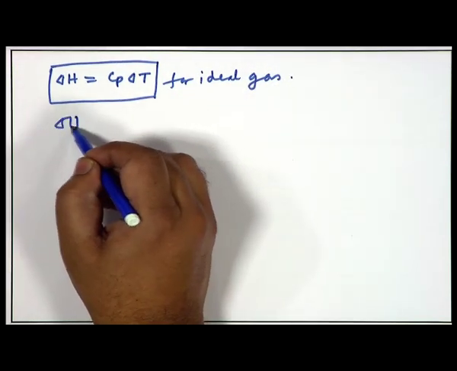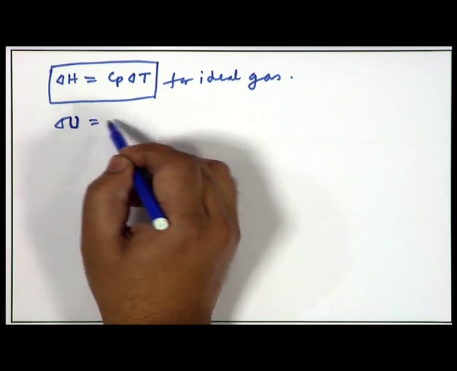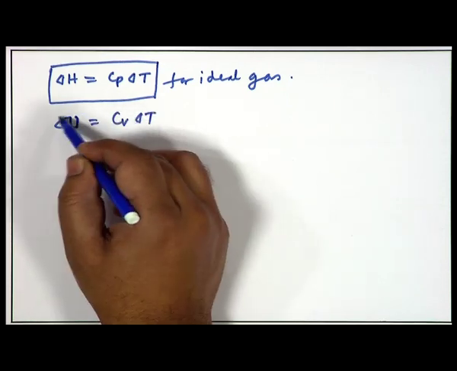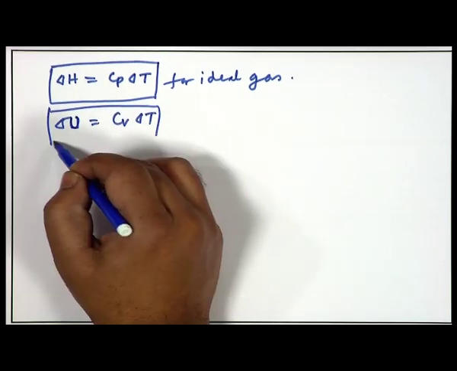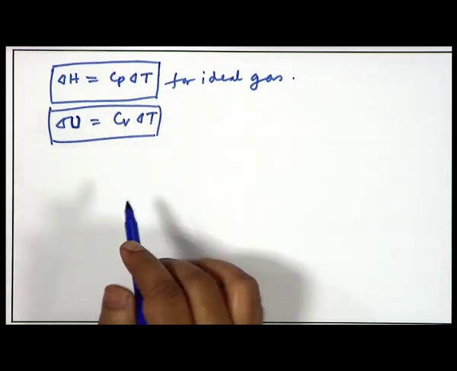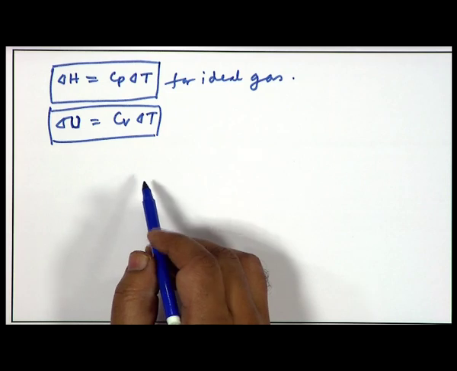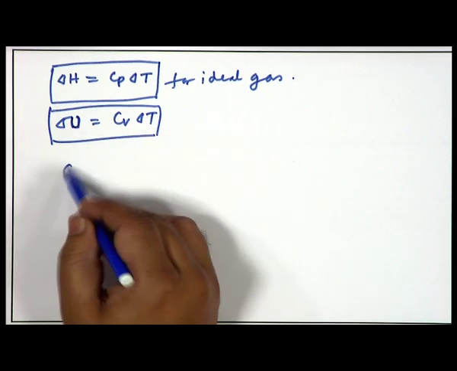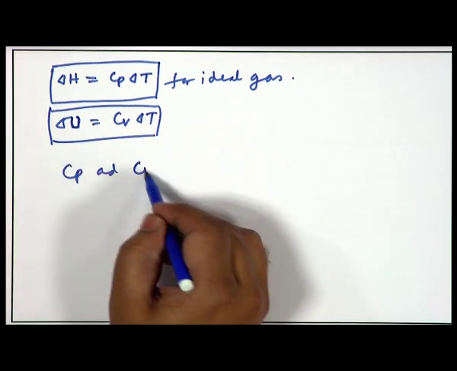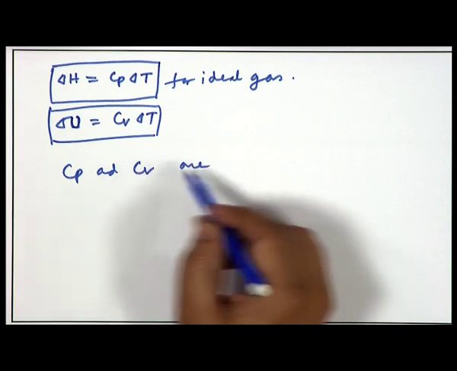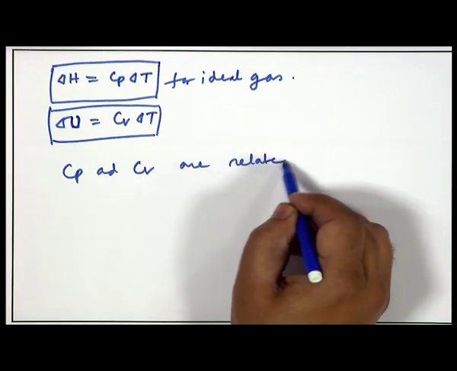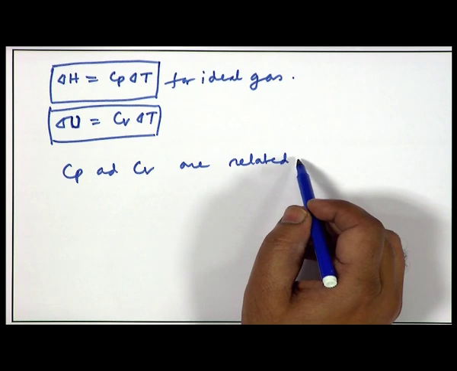If we write one more time, del U is Cv del T. These are for ideal gas, these are not for the general case. Now, how are Cp and Cv related? What is the relationship between them?